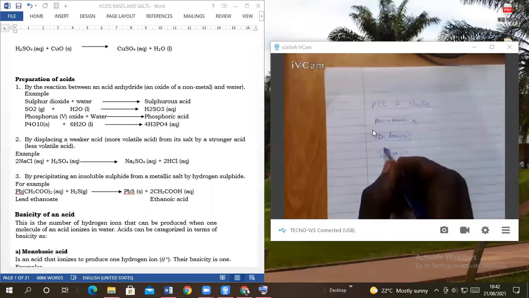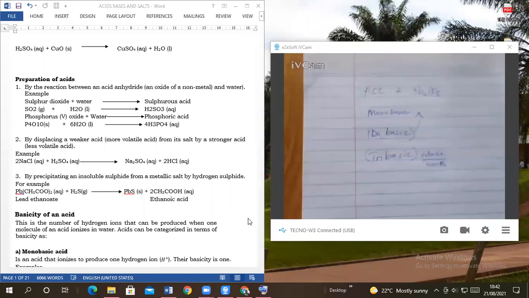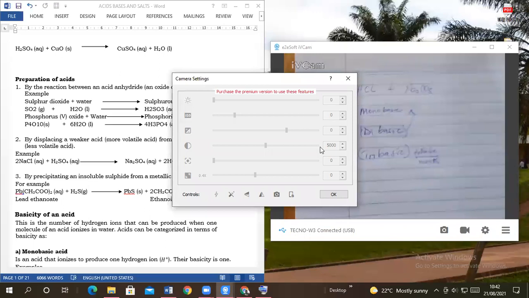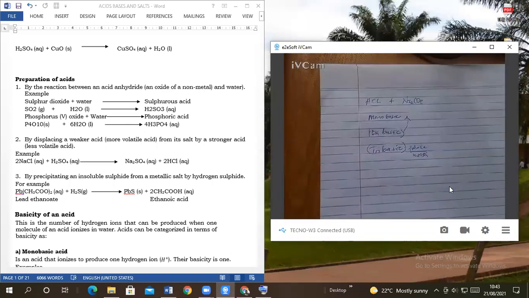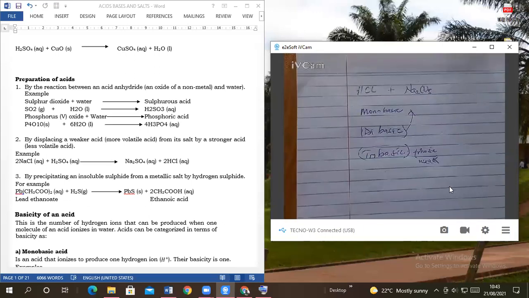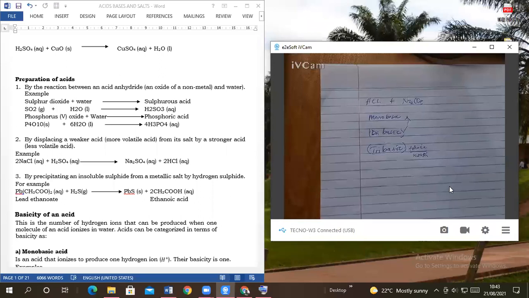These tribasic acids are weak acids. Most of them are weak. An example is phosphoric acid, which is a weak acid because it is formed as a result of reacting acid anhydrides, oxides of nonmetals, with water. So this is what we form.